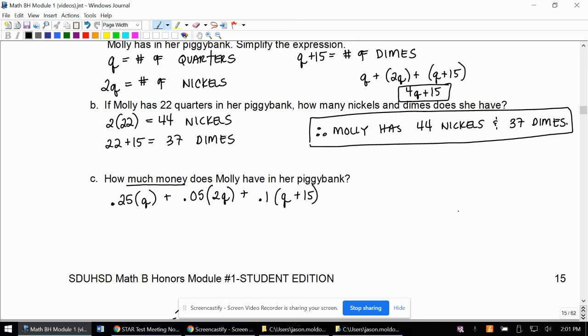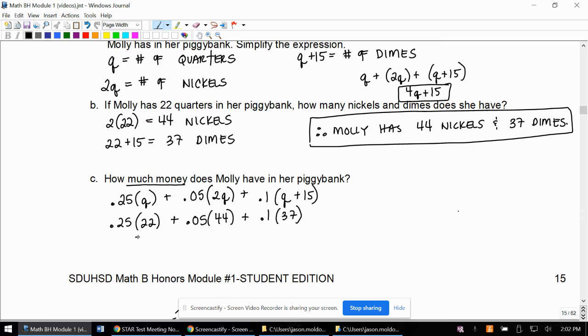Well, actually, we already know what these values are. So I'm going to skip to the fact that this should be 0.25 times 22 plus, because we're building on part B, 0.05 times 44. So I can kind of just skip to this. And frankly, I could have just gone to this and ignored the previous expression. Plus 0.1 times 37.